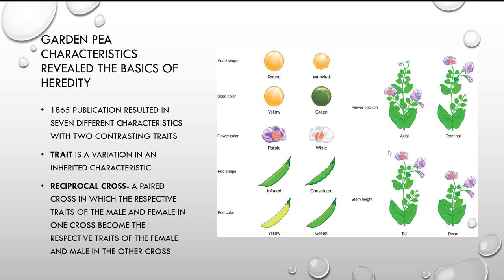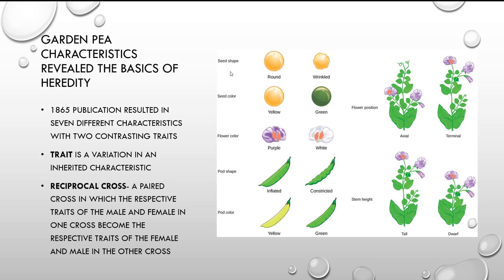Based on that information, he came up with some terms. A trait is a variation in an inherited characteristic. There's the round trait versus the wrinkled trait, yellow versus green, purple versus white, inflated versus constricted. These are all variations of a characteristic.